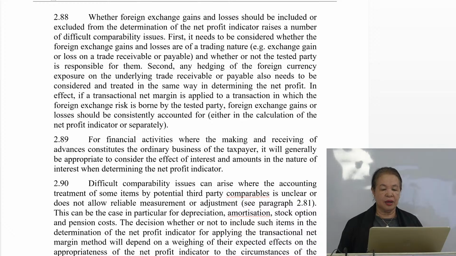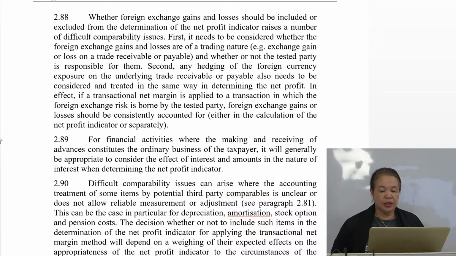Example, exchange gain or loss on a trade receivable or payable, and whether or not the tested party is responsible for them. Second, any hedging of the foreign currency exposure on the underlying trade receivable or payable also needs to be considered and treated in the same way in determining the net profit.